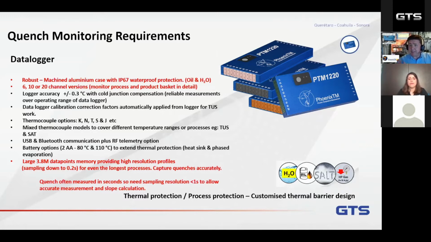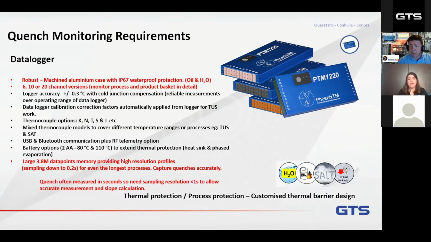Now, this is 2 minutes in a process that might be 4 or 5 hours long. So you need a data logger that's able to measure at very rapid rates to give you the resolution you need to monitor that rapid temperature change in the quench.